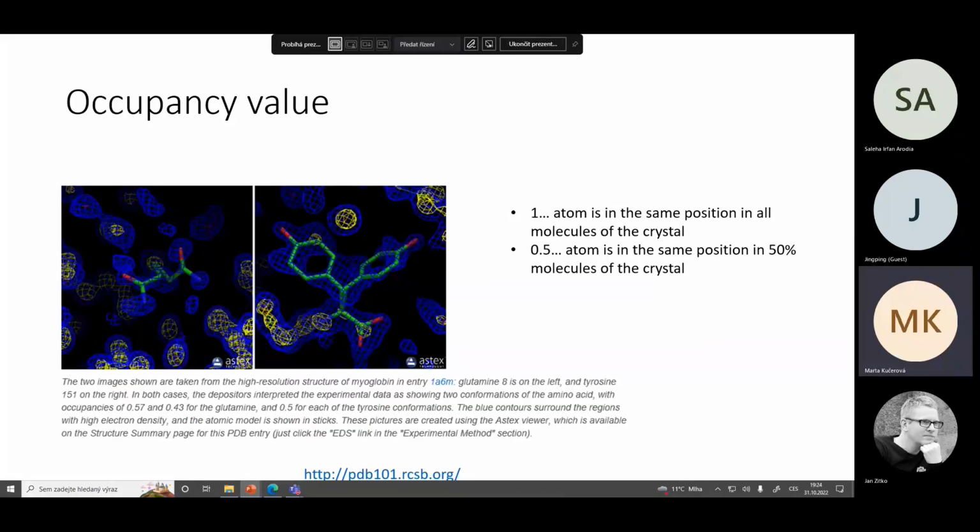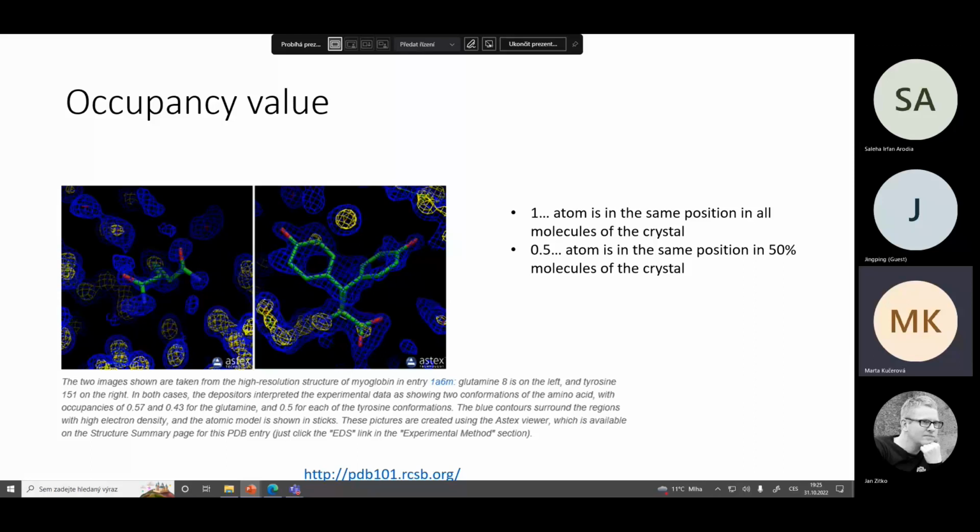Okay, let's see that. If you remember the table with the Cartesian coordinates for the protein with the lines for the particular atoms, there was an occupancy value, which says that when it's 1, it means that the specific atom is in the same position in every molecule of the crystal. So when the crystal is irradiated by X-ray, the X-ray expert is then able to see several molecules from the diffraction pattern, and they compare the structure of the molecules in the crystal overall.